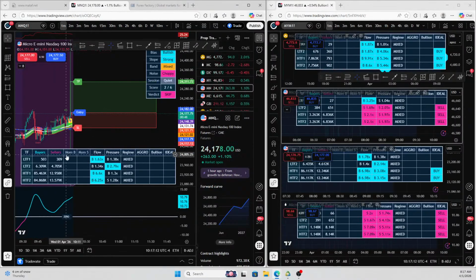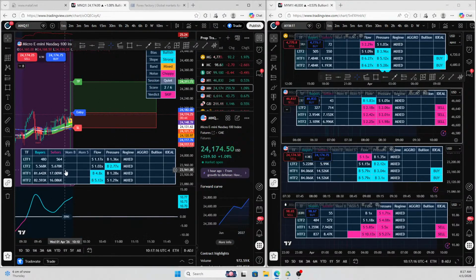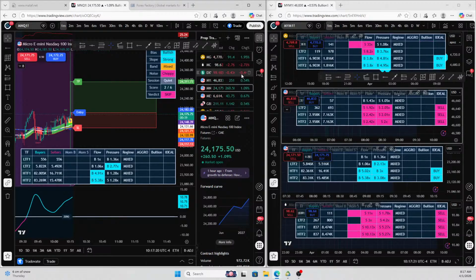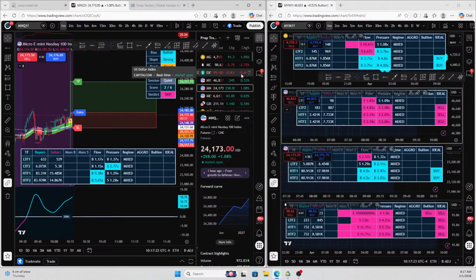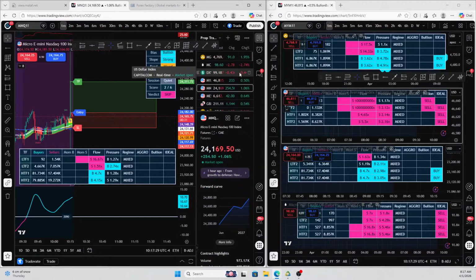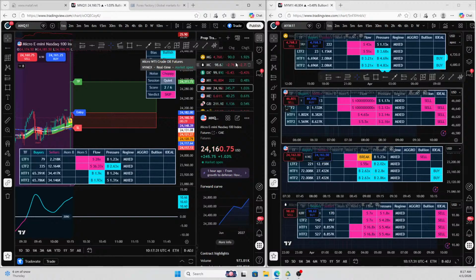So let's see if this continues and gives us a 1:2. Every trade that we take on this channel is a minimum 1:2. We used to take 1:1.5, but then we modified our strategy and increased our RR to 2R.